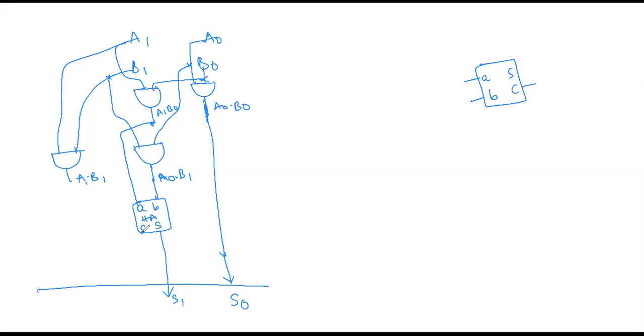One carry. We apply the carry to the next bit. Carry is C1. Now you need to add another A1 B1 and C1. So take one half adder.